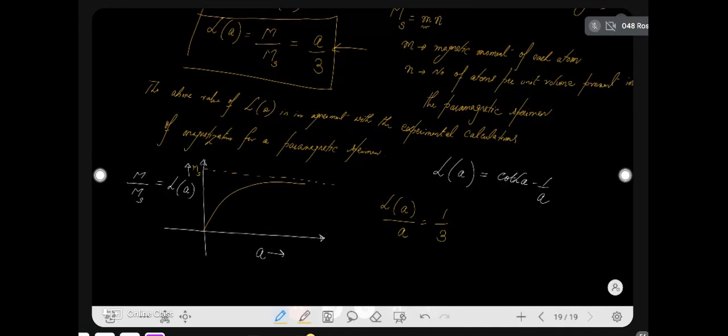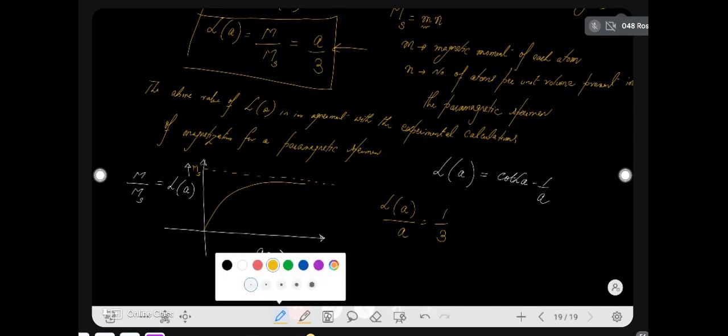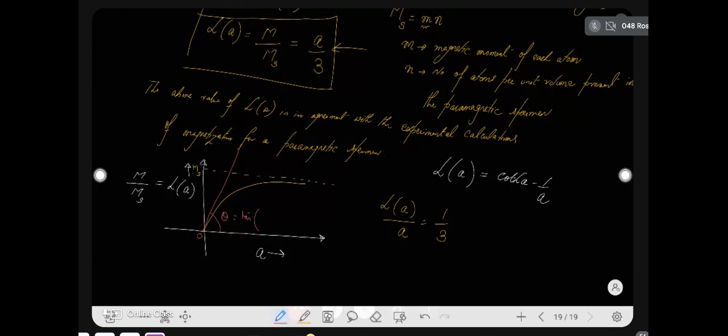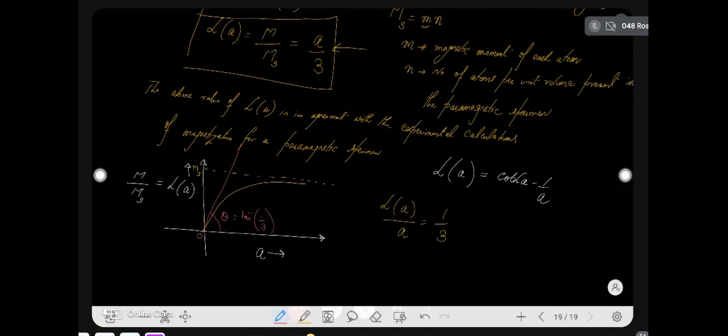When you make a tangent to a curve, you get the value of tan theta, that is the variation of y with respect to variation of x, so it is dy divided by dx. So LA versus A is a straight line. It only touches LA at the origin, and this has a value theta. The theta is equal to tan inverse 1 by 3. So this is the condition of the paramagnetic expression.